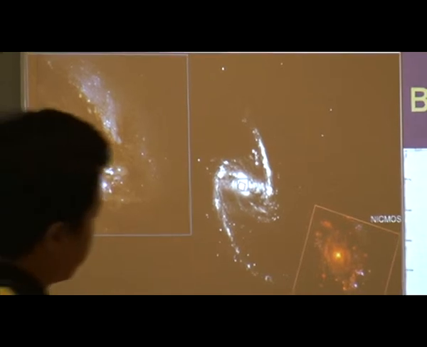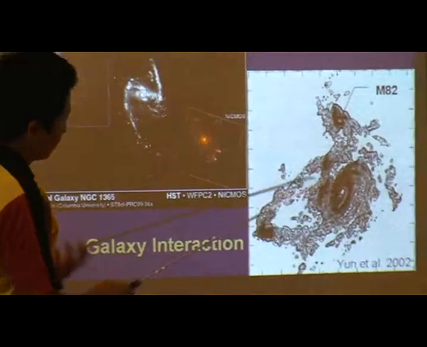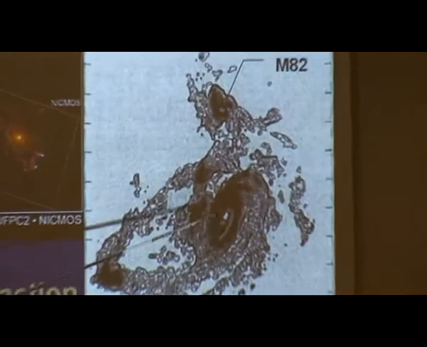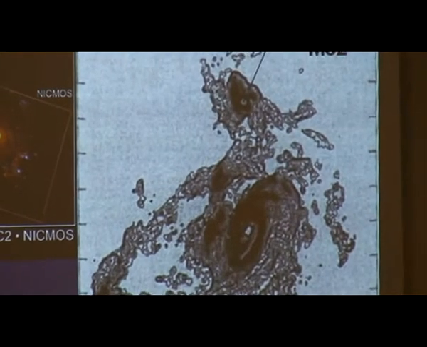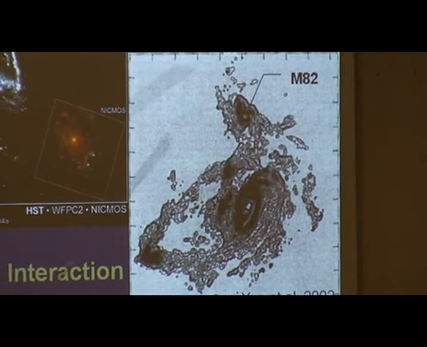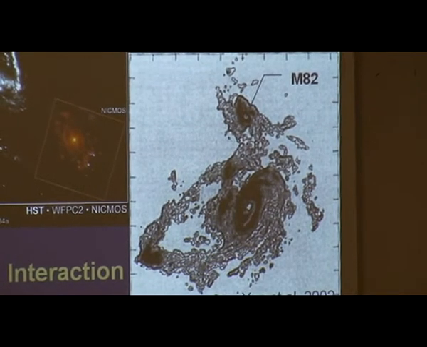And in the galaxy interaction, this is the example of M82 and M81, and this is another galaxy. In the optical image, these three are actually isolated. You don't see any connections between these three galaxies.